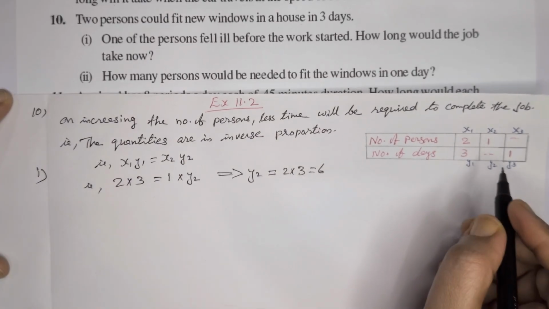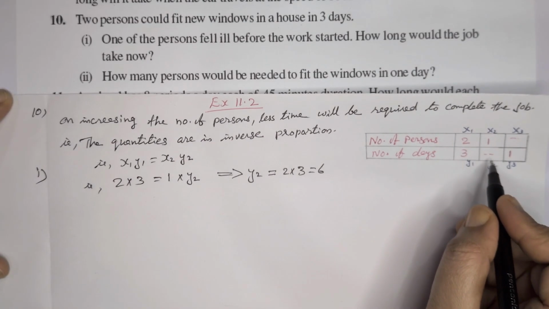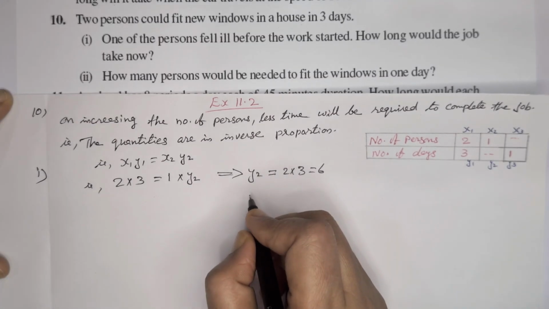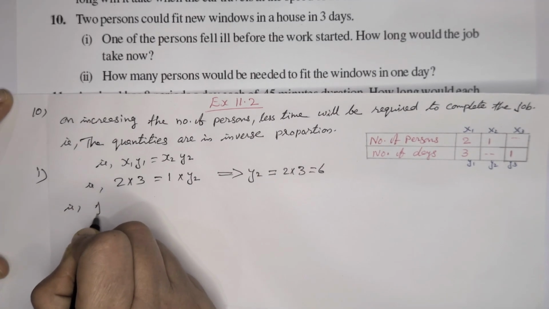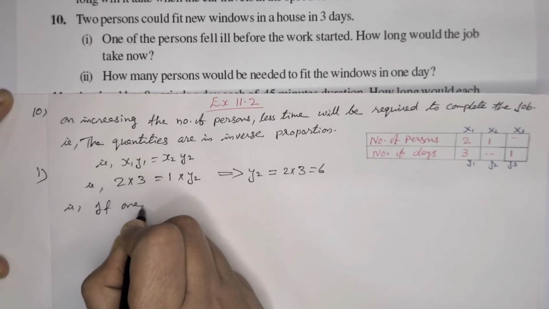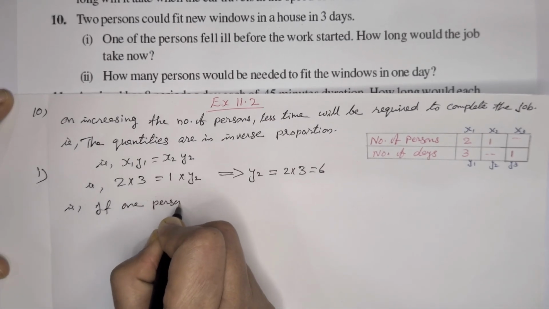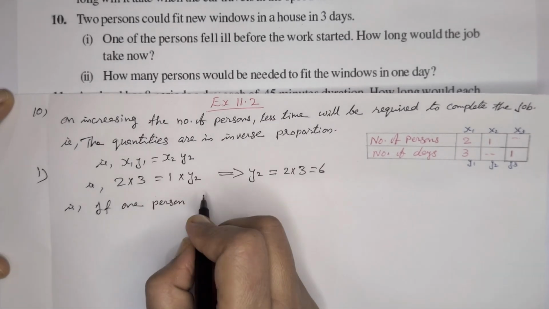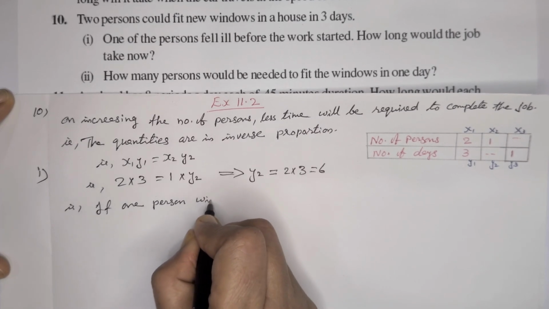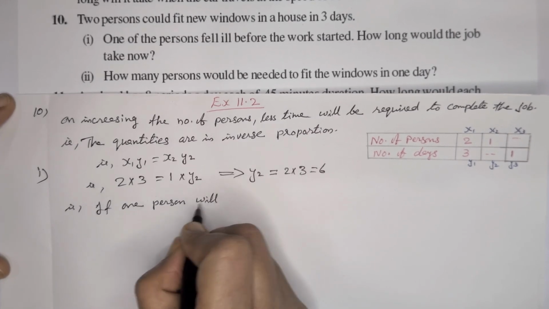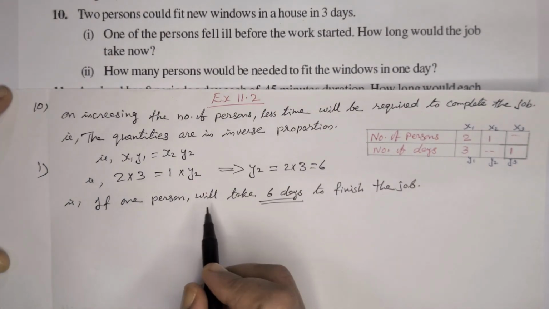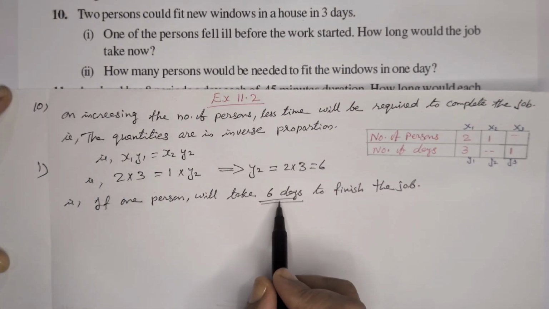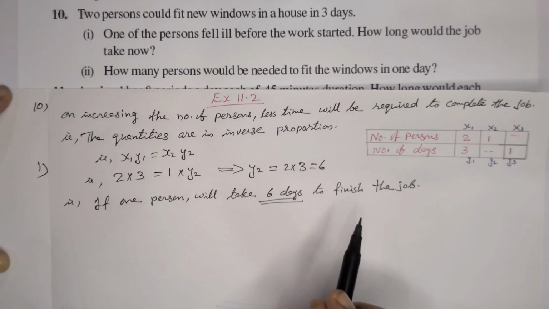That means one person will take 6 days. So we can write that if one person, then he will take 6 days to finish the job.